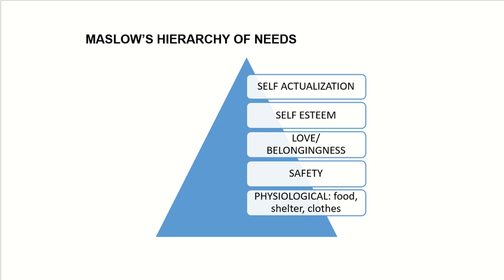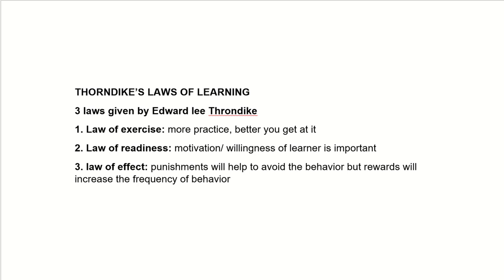Moving forward, this is Thorndike's law of learning. This model has 3 laws given by Edward Lee Thorndike. First is the law of exercise: the more you practice, the better you become. Then is the law of readiness. Willingness is important.